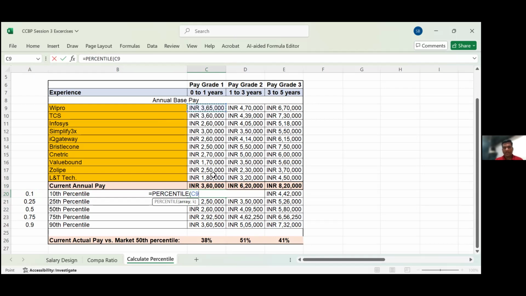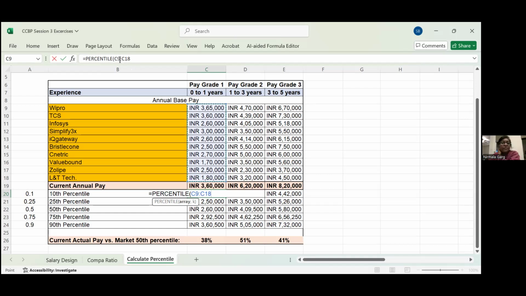When I select this range, that is fine for this particular cell. But if I have to apply that formula for the remaining cells as well, then I will have to freeze that area. For this column, I will not freeze the columns over here. I will freeze only the row numbers, so that I can apply that formula for the remaining columns and rows as well.